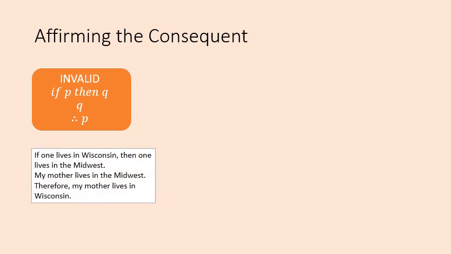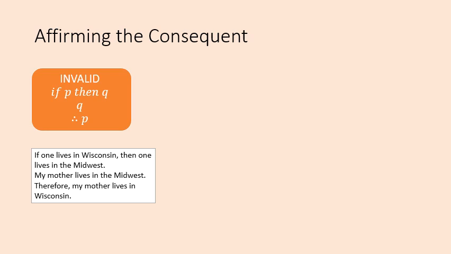So here's an example. If one lives in Wisconsin, then one lives in the Midwest. My mother lives in the Midwest, therefore my mother lives in Wisconsin. So it's entirely possible that this conclusion is false, even though both of these premises are in fact true.